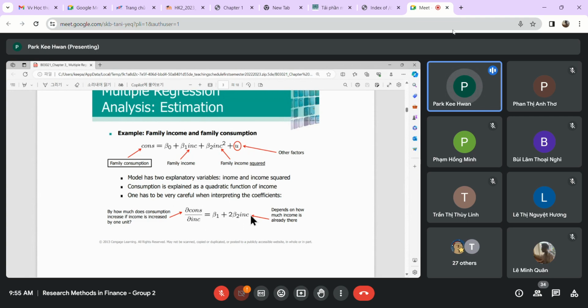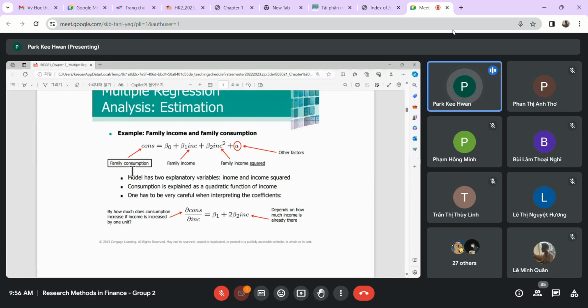Then the low income family tends to spend more out of the 100, maybe if income increases by 100, then consumption increases maybe 90, something like that. But for a higher income family, when income increases by 100, consumption increases maybe 60, okay? So how much consumption increases depends upon the level of income. It's different between the low income family and the high income family, okay? And that is the empirical fact.